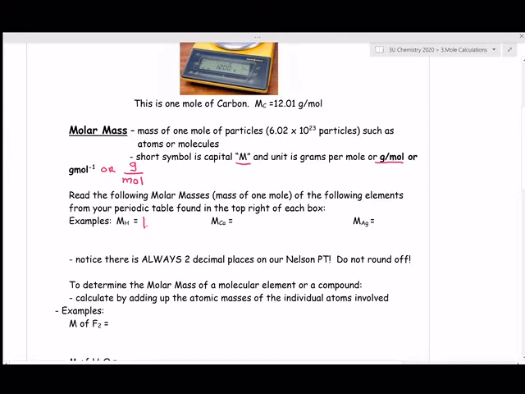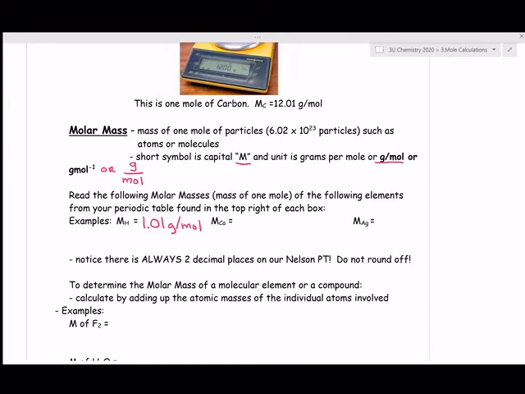That is what a full mole of hydrogen would weigh. You'll also notice if you check out the little legend box in the middle of the periodic table, for this example iron, that it says 55.85, and beside that it says the atomic molar mass in grams per mole. So that is what you're looking for.